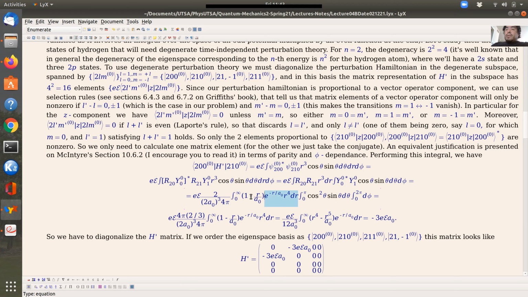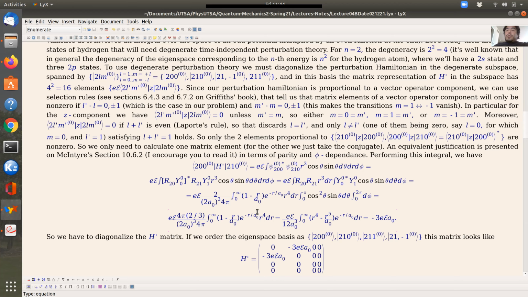So basically you have the difference of two integrals. One is an exponential times r to the fourth, and the other is proportional to an exponential times r to the fifth power. In principle, the way you would solve this would be by integrating by parts and reducing the order of r until you get to exponentials that you can solve.